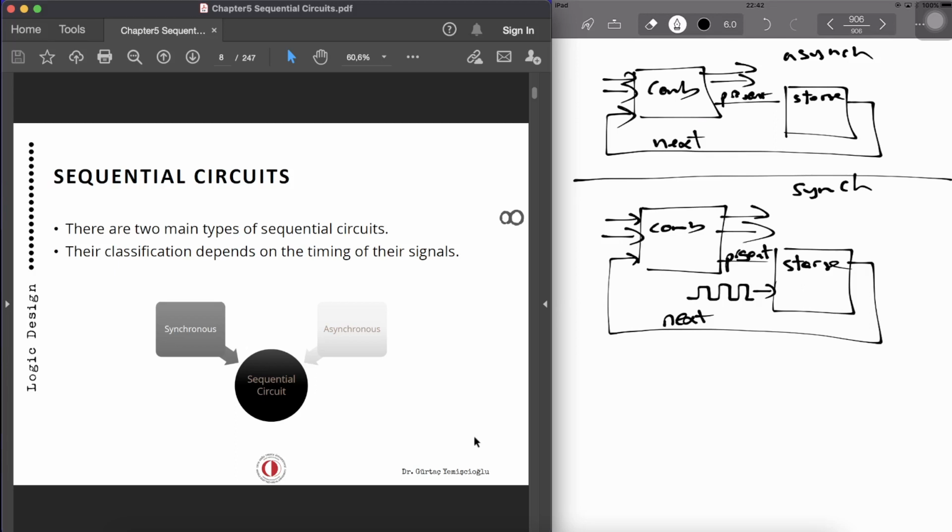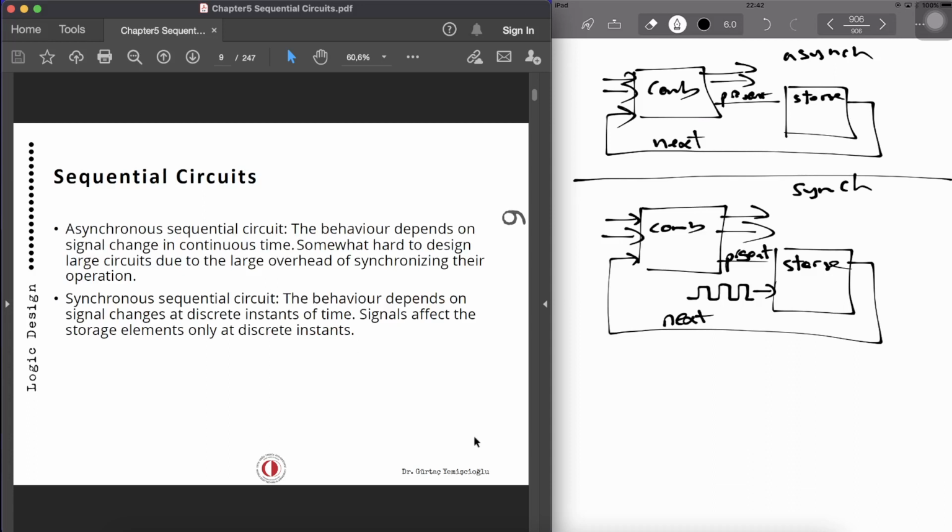But in order to understand synchronous sequential circuits, we have to understand how they are built, and the fundamental building block in there is an asynchronous memory element. So the difference is over here as well as in the formal description. The signal affects the storage elements only at discrete instances with the synchronous one.